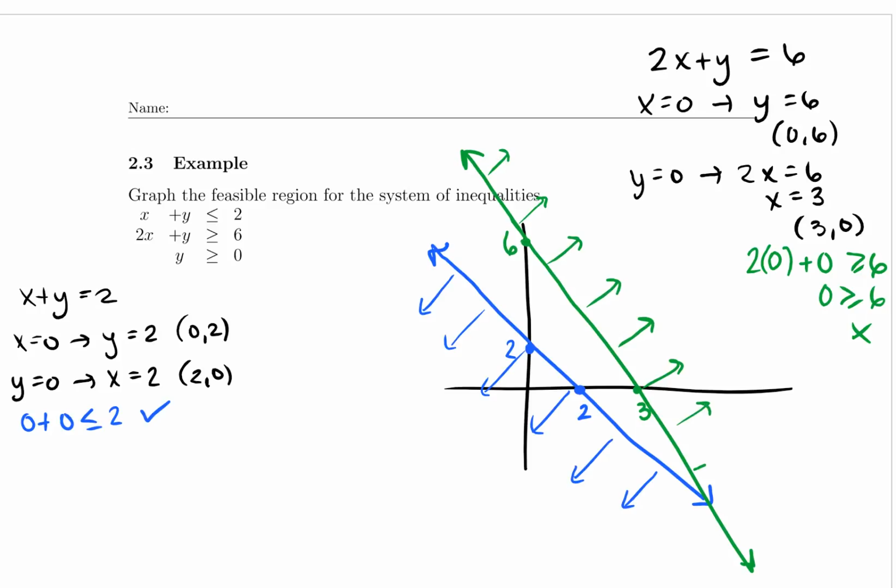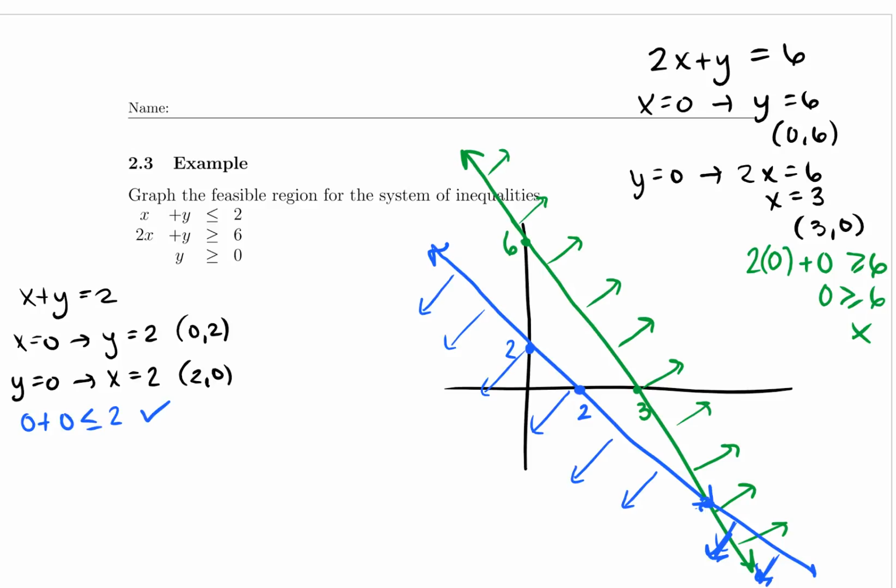So notice that our two solutions are not going to overlap until way down in quadrant 4, right down at the bottom in this region down here. This is where we're finally seeing some overlap. But if we only had these two inequalities, we would have our solution set down here in quadrant 4.